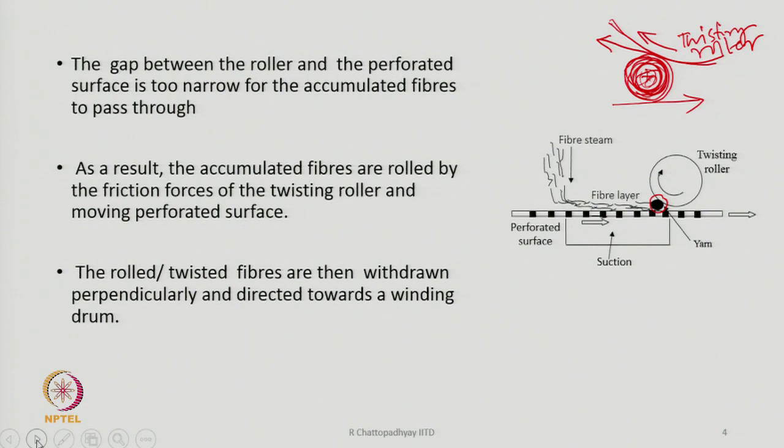The bunch of fibers, as soon as they arrive over there, get converted into a twisted bundle of fibers, and then we remove this twisted bundle of fiber, which we call yarn, and try to wind the yarn on a package.